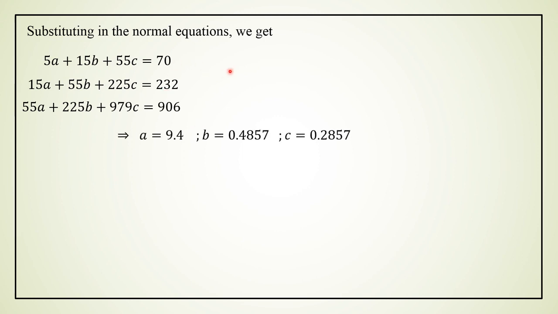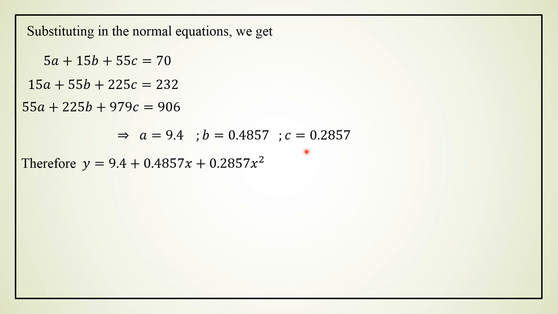By solving these three equations, you are going to get the value of a to be equal to 9.4, b is equal to 0.4857 and c is equal to 0.2857.